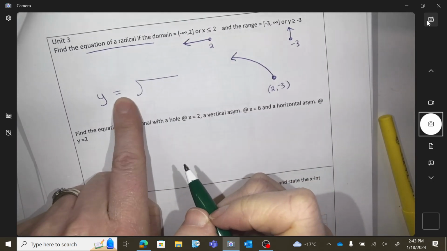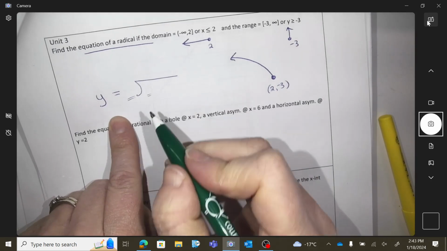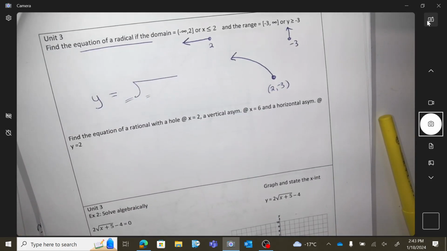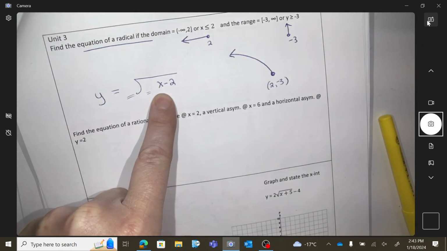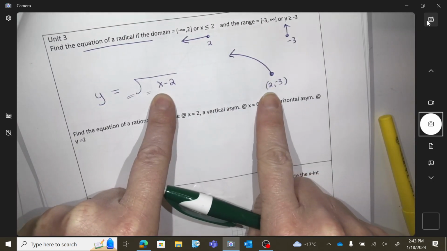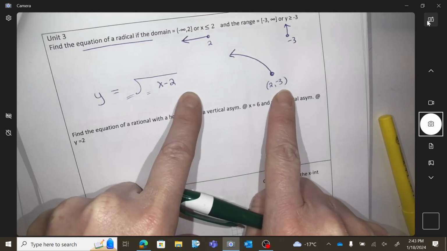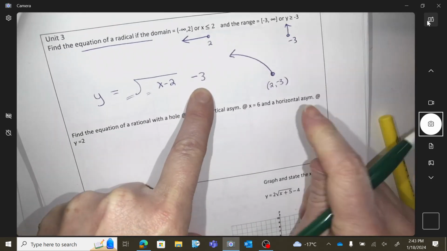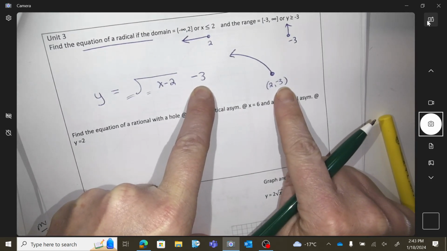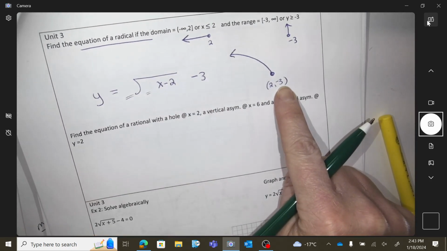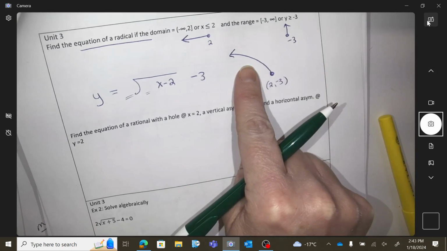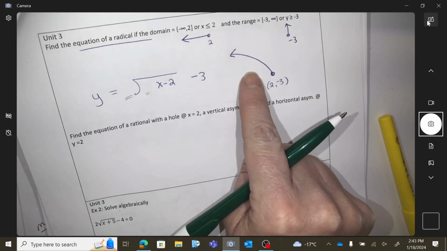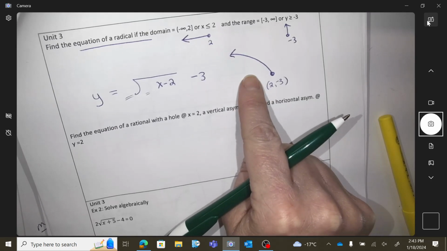Okay, I'm going to leave room in my A and my B position because I don't know. I'm going to go x subtract 2 to show that I've moved to a positive 2. And I'm going to go minus 3 to show that I've moved down 3. And ask yourself if this is the direction radicals should go.